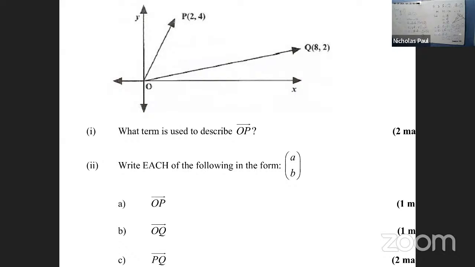So for part one, write that: OP, with the line on top, is called the position vector of P. And then go right ahead, find OP, OQ, and PQ.